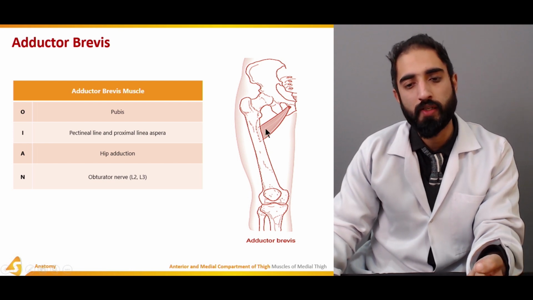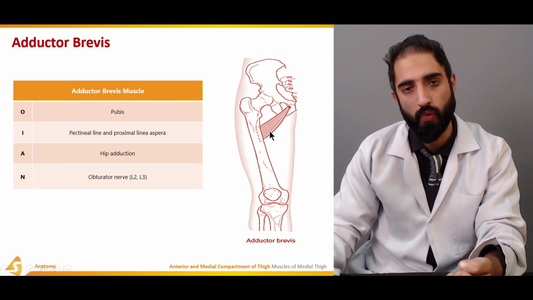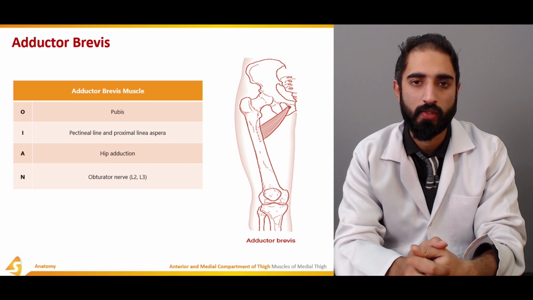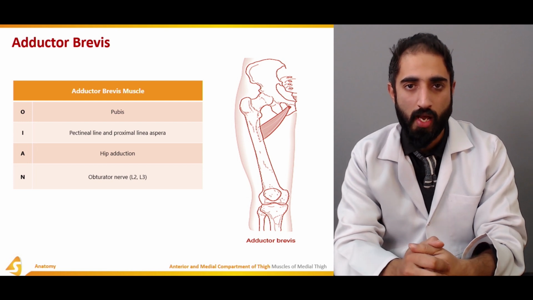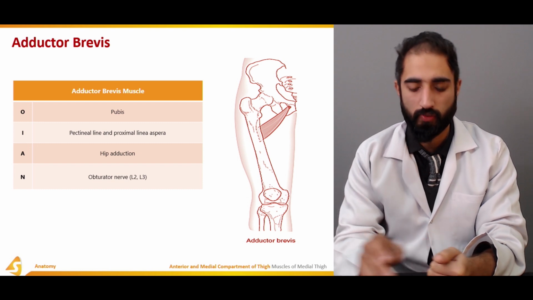So its attachment is slightly superior to the adductor longus as well. And the function, once again, it is very obvious from its orientation that the function is hip adduction. And the nerve supply is once again via the obturator nerve, and the nerve roots include L2 and L3.